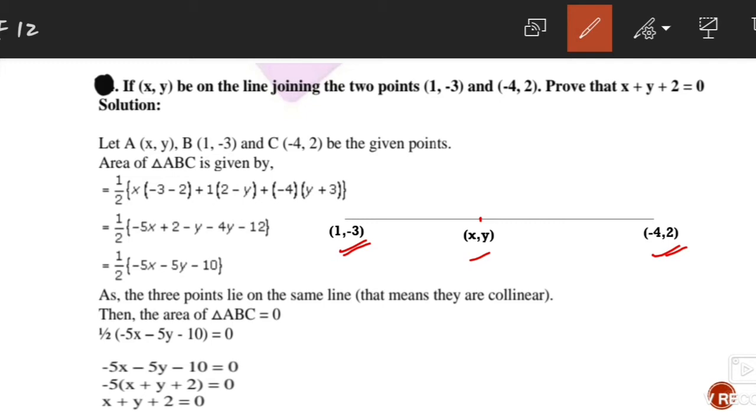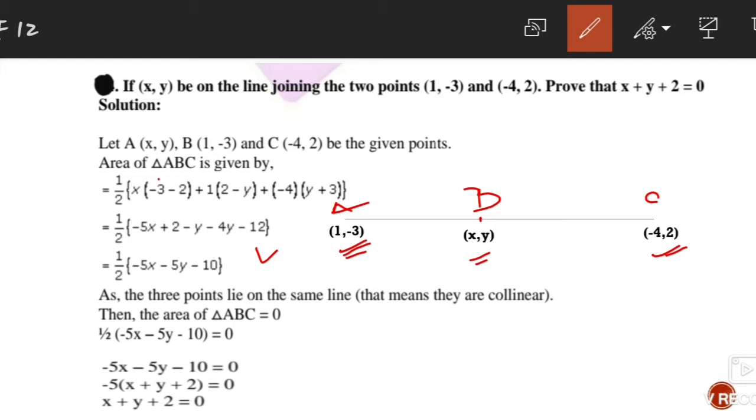Now the area of the triangle, suppose this is A, this is B, this is C. The area of the triangle formed by 3 points is given by this formula.